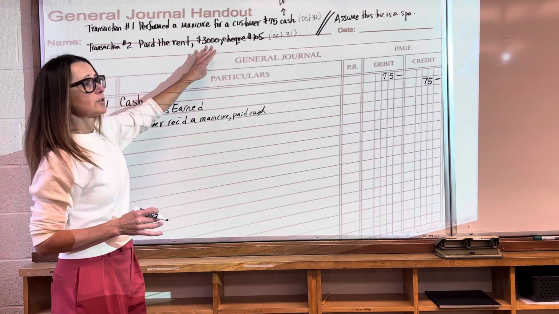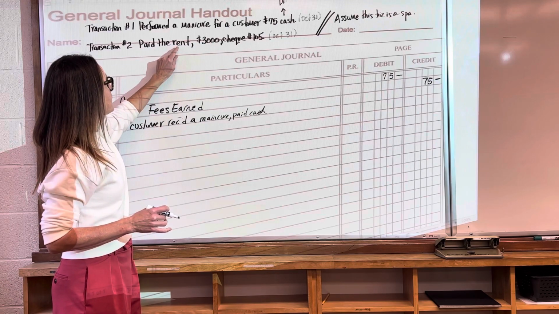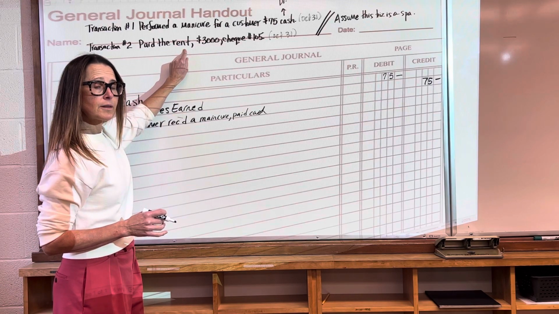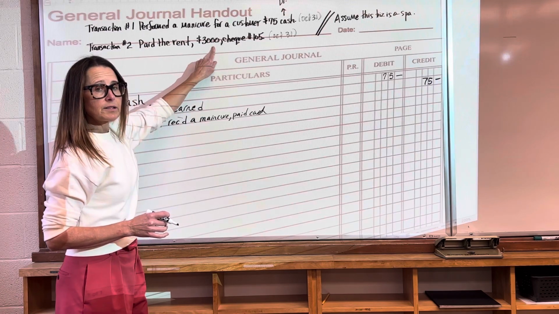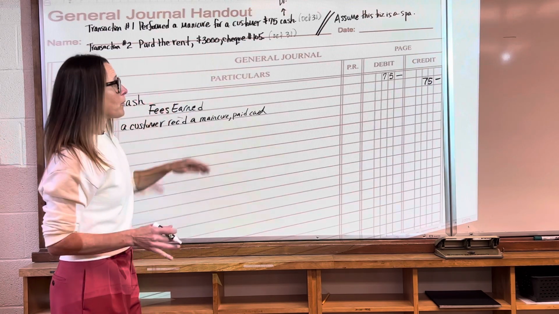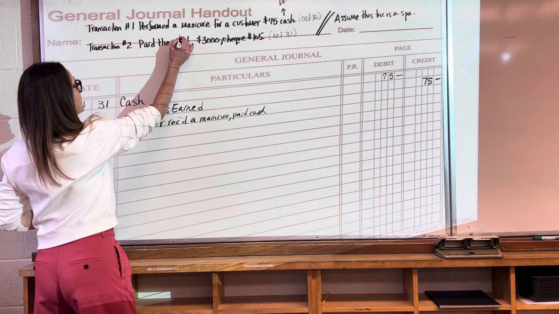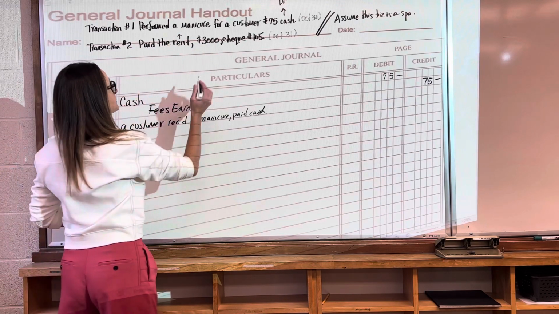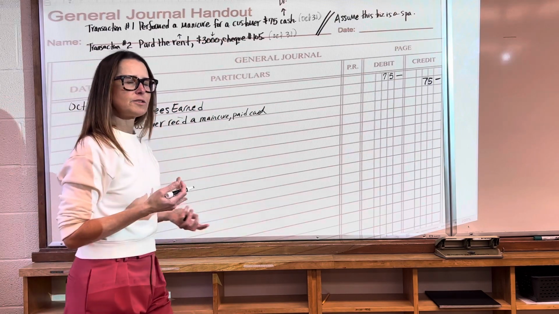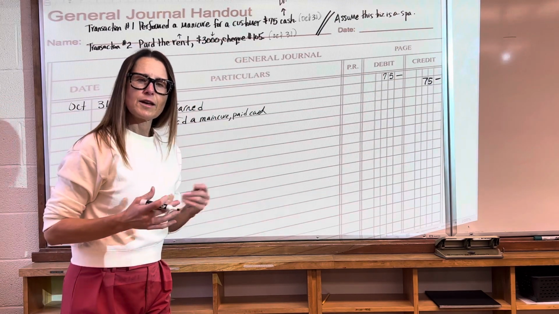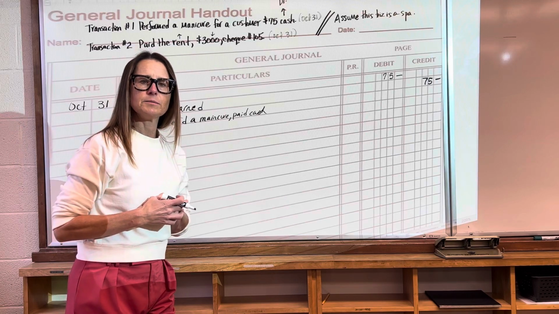So let's think about this transaction. You have rent happening. This is an expense. You paid for that expense with cash. So what went up? Your rent went up, your cash went down, and I know when cash goes down, that's a credit, and so that means that your expense account has to be a debit.